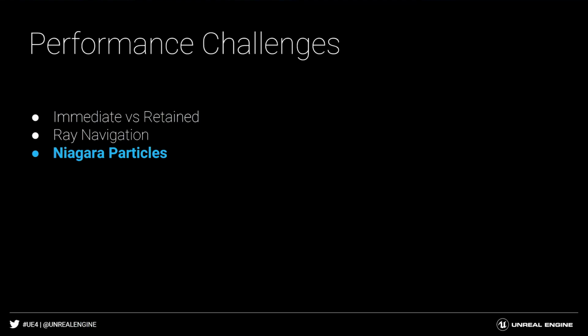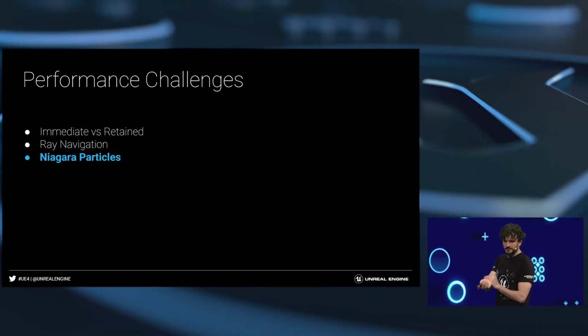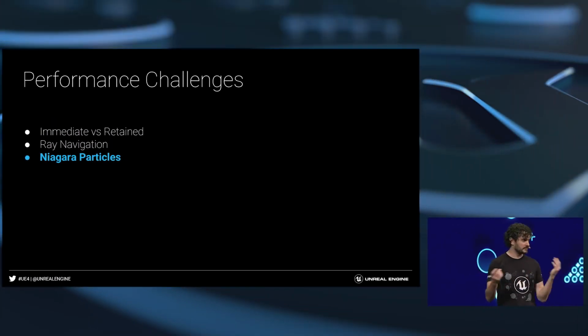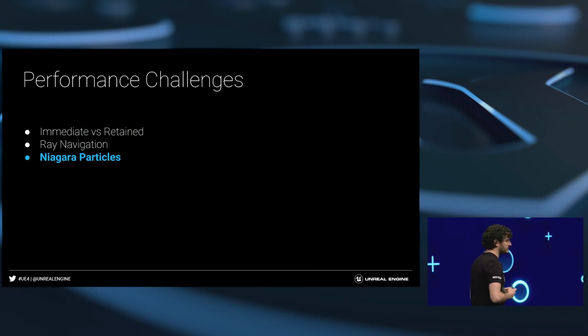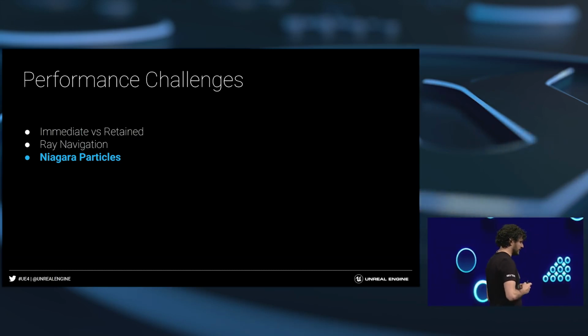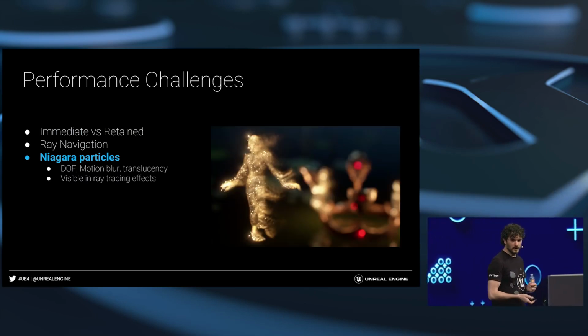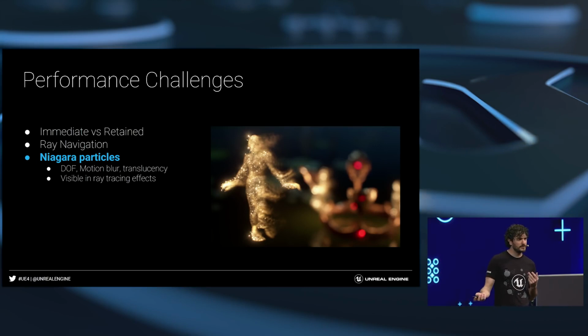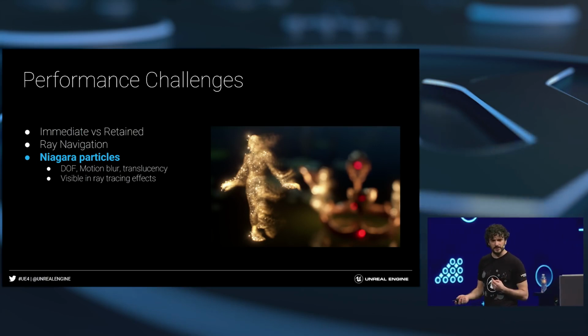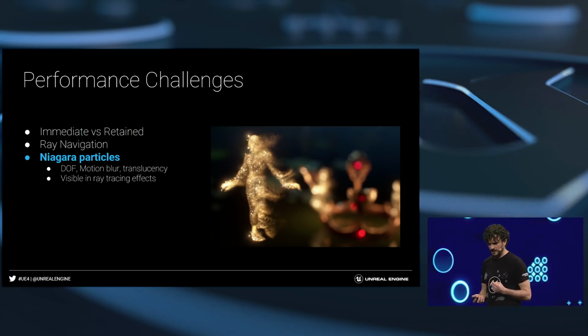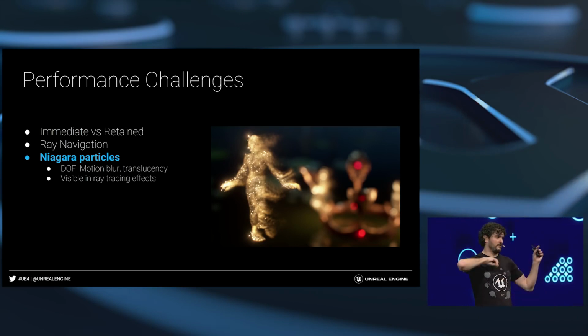Niagara particles were another big challenge, not specifically related to ray tracing, but having a lot of particles running in real time is something hard to achieve. We had more or less 650,000 particles, and they were moving quite fast.